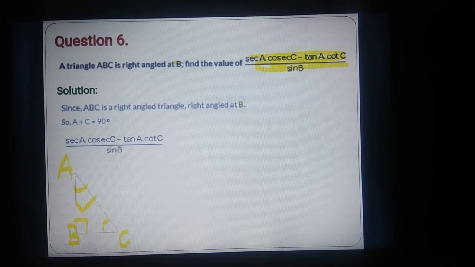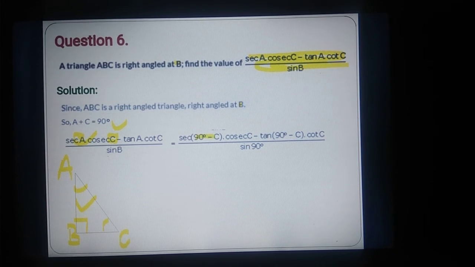Now we want to evaluate this. A and C, when added, give 90 degrees. So instead of this A, I can write 90 minus C, right?